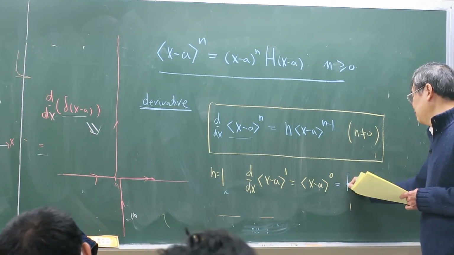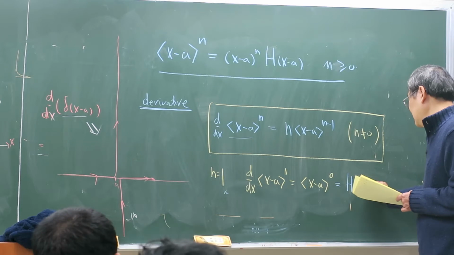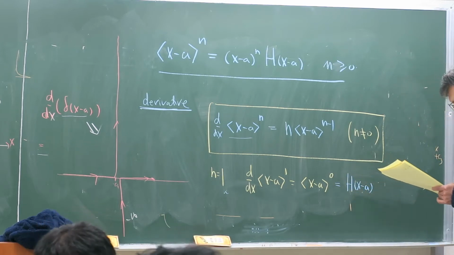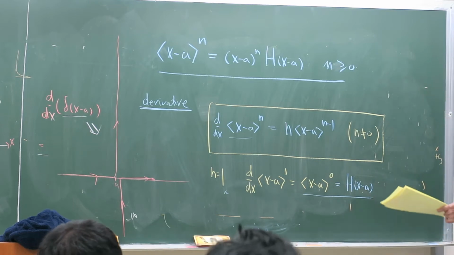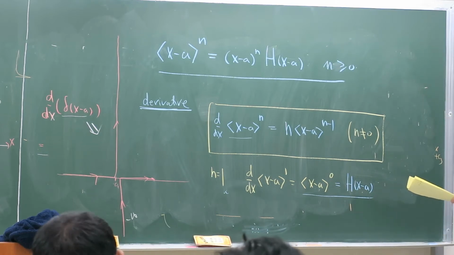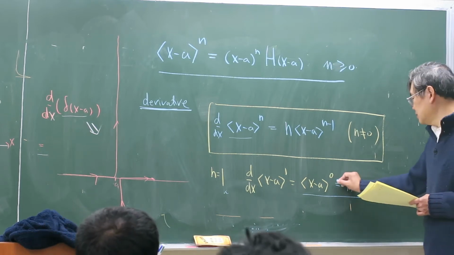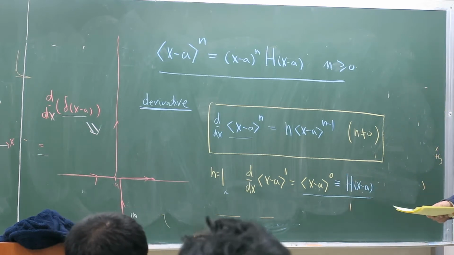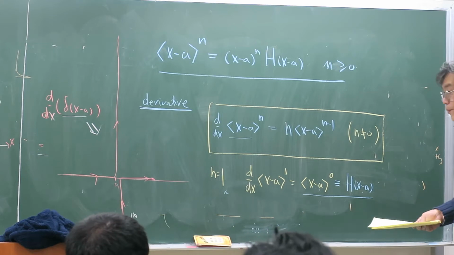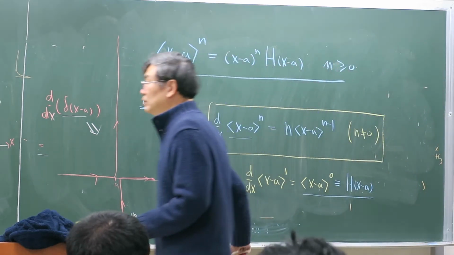That means the Heaviside function H(x − a). Yeah, we define this. Why? It can be proved. Let me show this briefly.